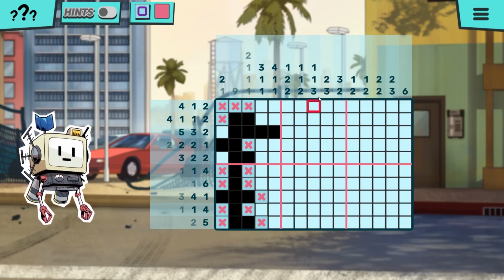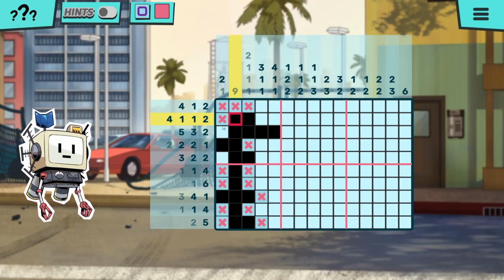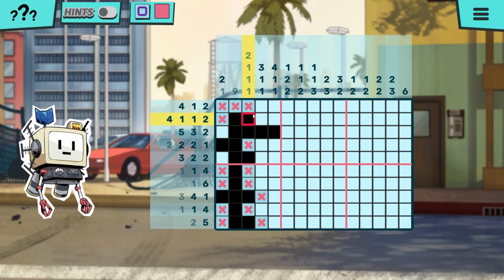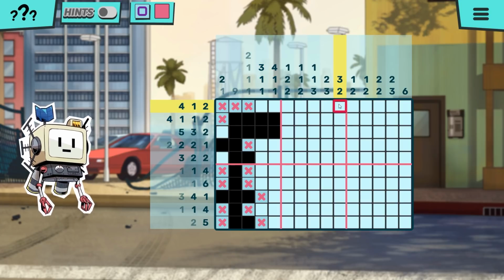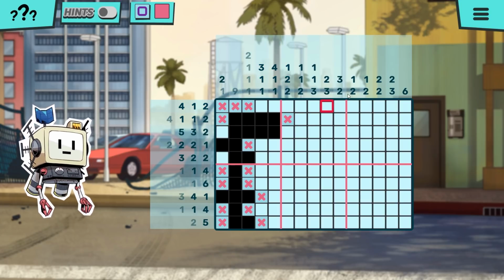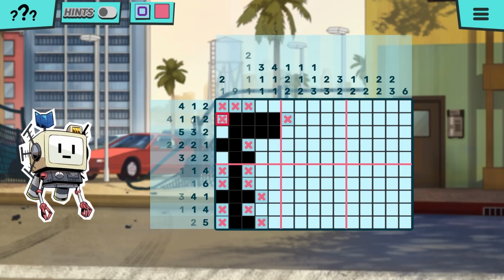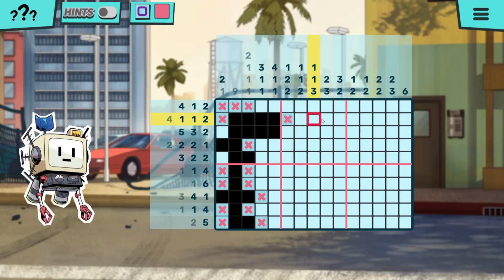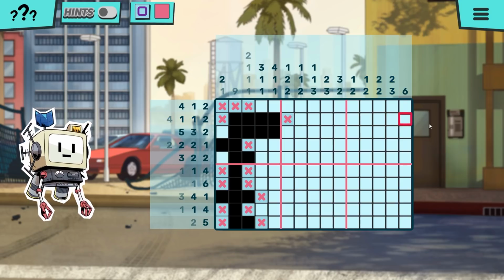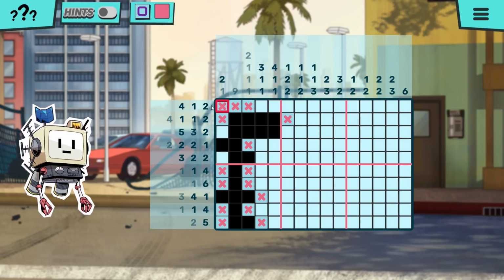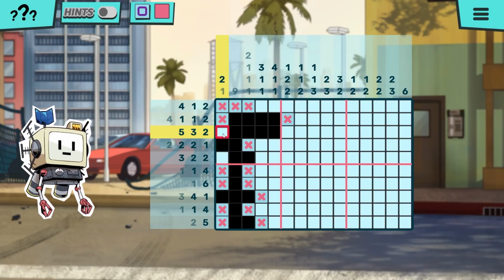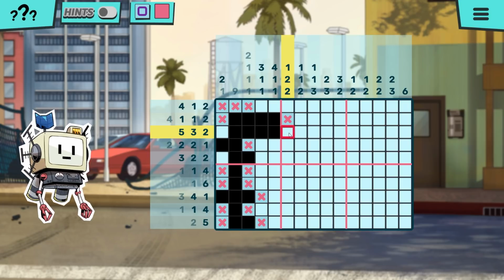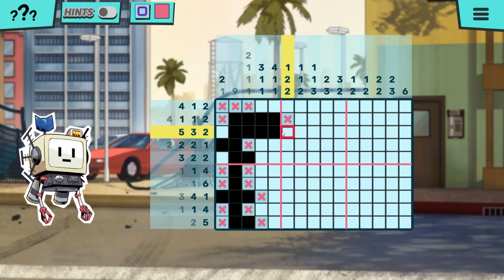Let's see. And these are all such small numbers. Oh, wait. Wait, if this is 4, then that means that has to start over there. So that works. I have that at the very least. 1, 1. Yeah, the 1, 1, and the 2 could be anywhere in here, though. So that isn't useful. Now the 5 can shift one way or the other.